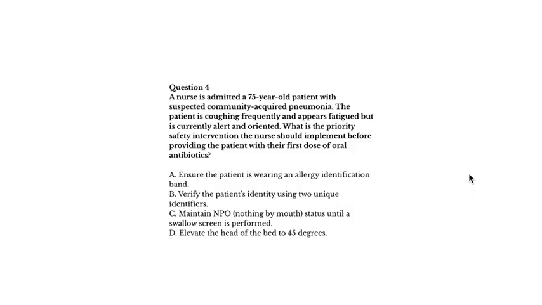So remember, in this scenario, the patient has pneumonia, and it looks like they feel that an antibiotic is necessary. So the question is, what do you do first before you give that first dose of antibiotic? What's the best nursing action?